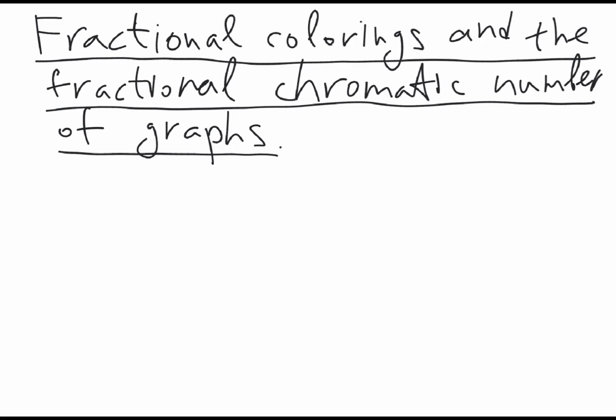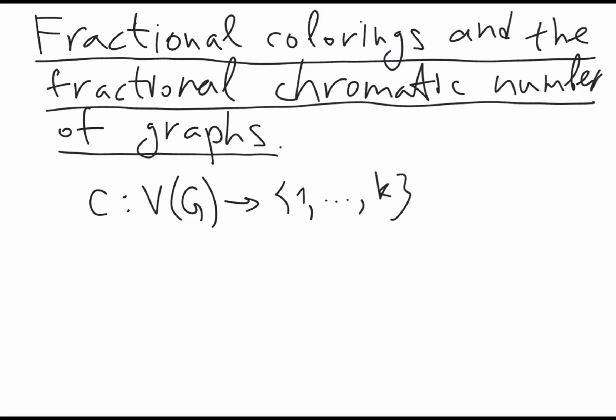So let's first remind the definition of the proper coloring. A proper coloring is an assignment, a function c that maps the vertices of the graph to a set of colors, let's say from 1 to k, where k is the number of colors, such that if two vertices u and v are adjacent in the graph, then c of u is not equal to c of v.